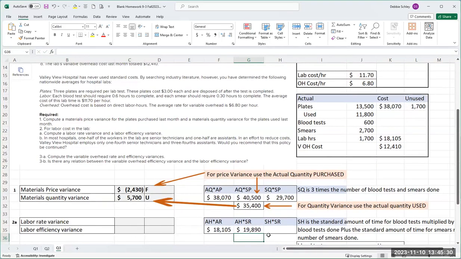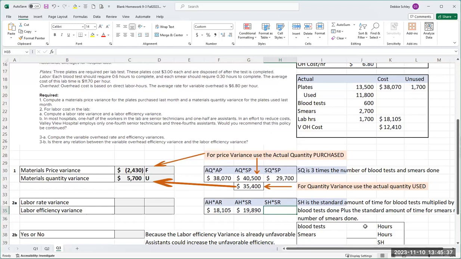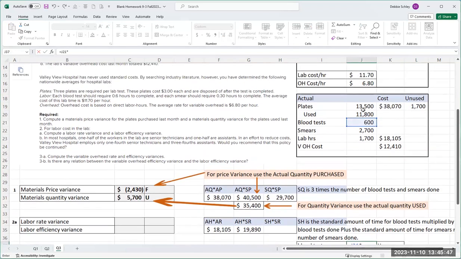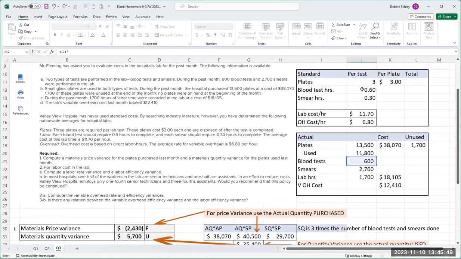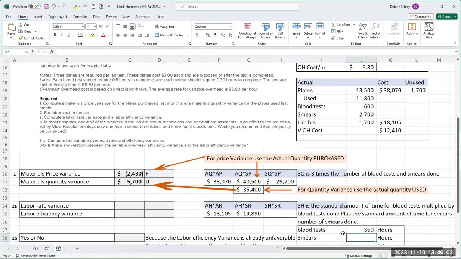Okay. And then remember, standard hours is going to take a little bit extra. So I'm going to do it right here. So standard hours equals the blood test times the standard portion of an hour that it should take for each test. Okay, so that gives me 360 hours for blood test is my standard.